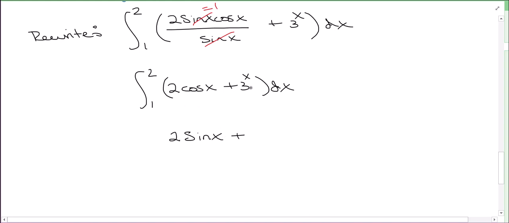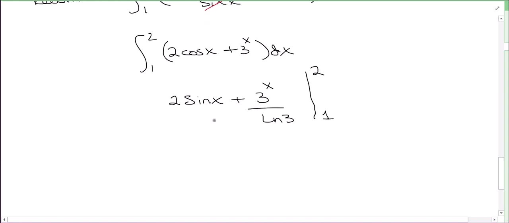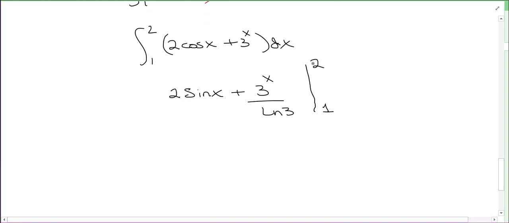Plus the antiderivative of 3 to the x. So that'll be 3 to the x divided by the natural log of 3. This is a definite integral, so I don't need the plus c. So I'm going to evaluate this from the lower limit of 1 to the upper limit of 2. And now we can plug in, starting with the top limit, always top limit minus bottom limit.